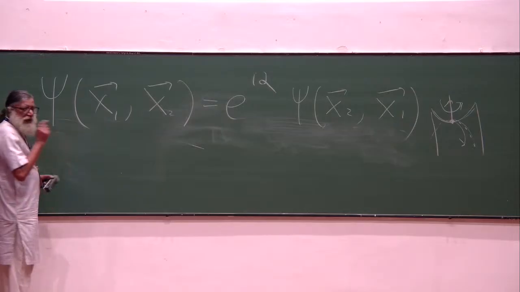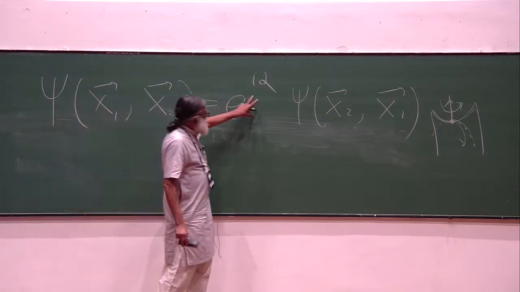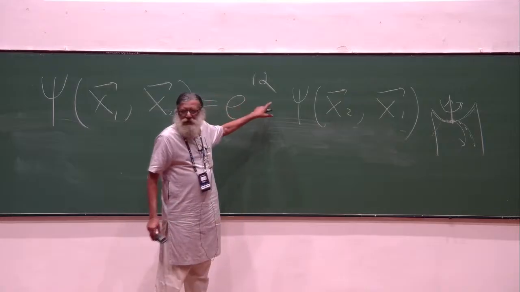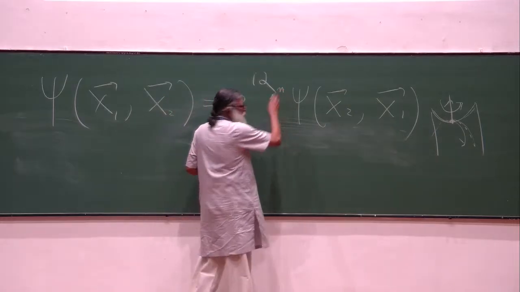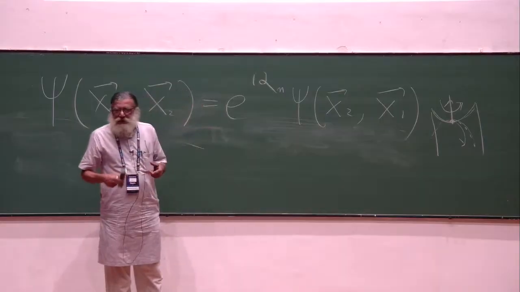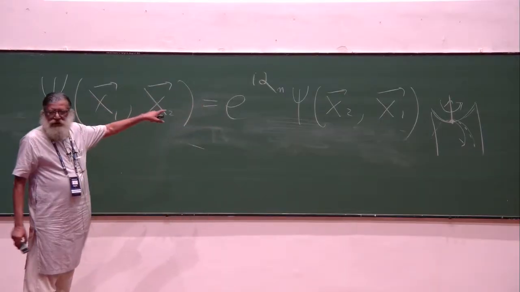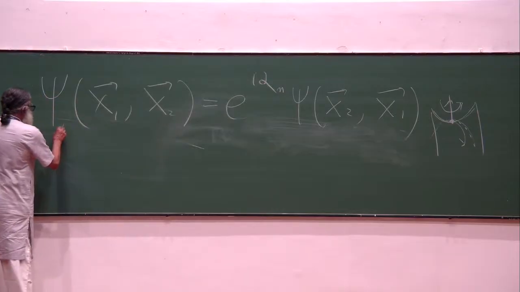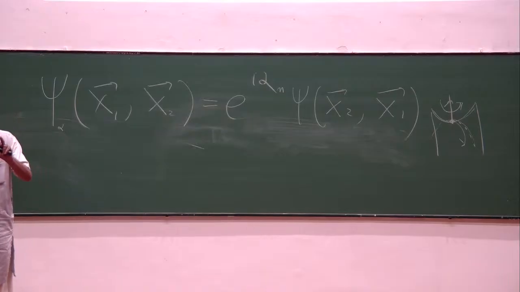Now, if it's a non-abelian anyon, this alpha depends on how many times you braid around it. So actually I should write alpha n, where n is the number of times you braid around it. Now it forms a representation of the braid group. In a non-abelian representation, you have, say, 2 or 3 states.